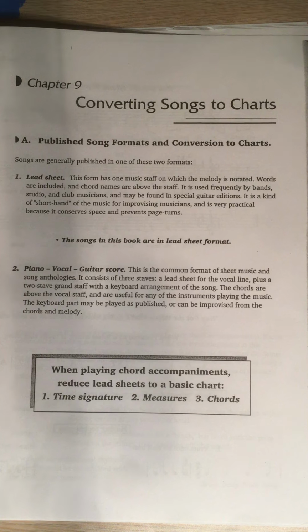And this is a great kind of overall score that allows a lot of people to play together. It has a piano score written on 2 staffs with a vocal score above that. And then the guitar score basically is chord names above the music as well as pictures of chords. This is actually a pretty friendly type of score.